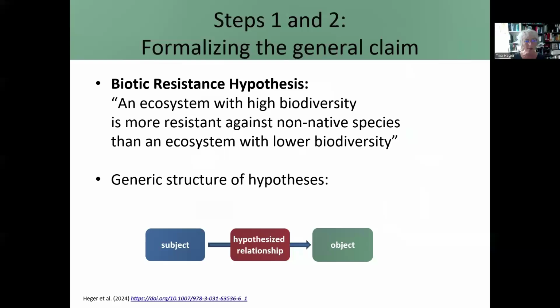So let's start with taking a closer look at steps 1 and 2. Coming back to the biotic resistance hypothesis, and also based on taking a look at many other of these big ideas, we figured that it is quite reasonable to reformulate them as triplets in the form subject and object, and hypothesized relationship between these two.